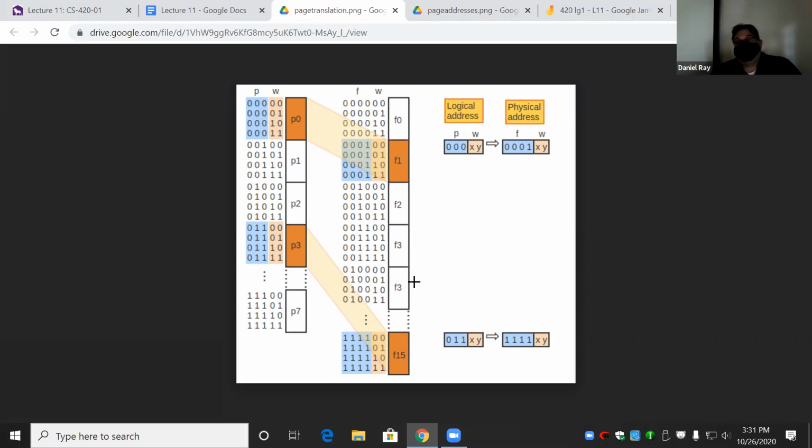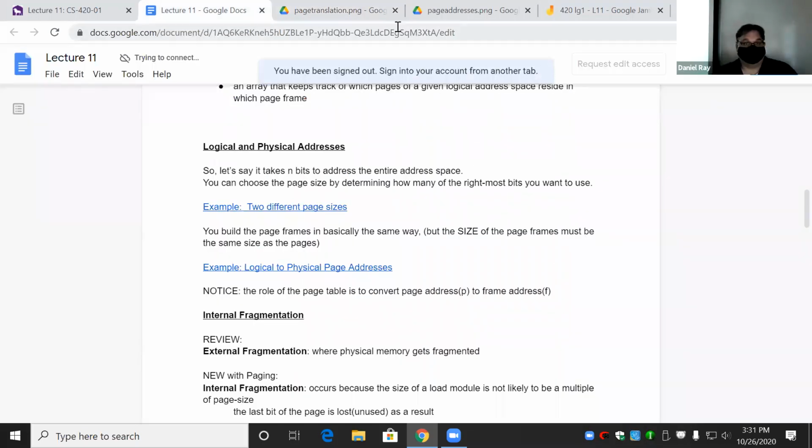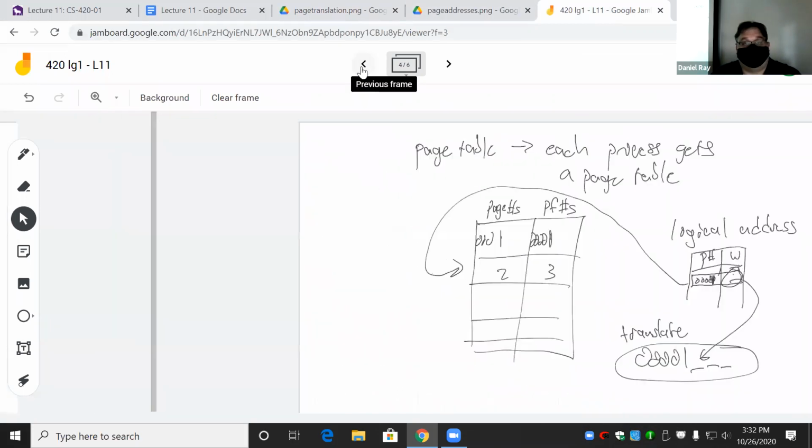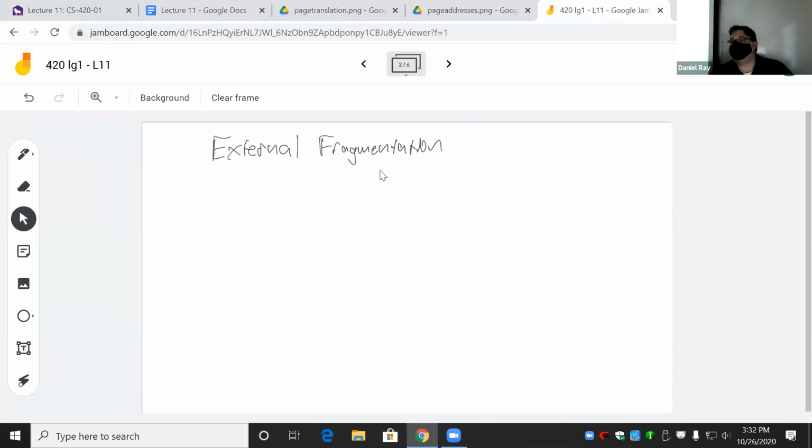So, one problem that comes up, and I alluded to this earlier, is that we were worried previously about external fragmentation. Okay?